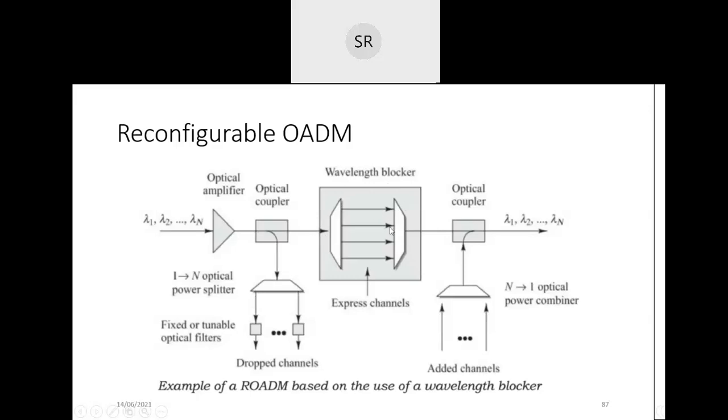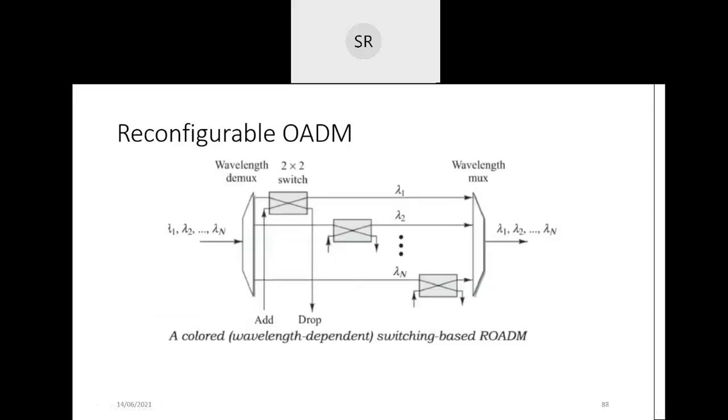Then this is a wavelength blocker. It sees which wavelengths are to be transmitted and blocks those that are not to be transmitted. Then an optical coupler, where we can add those channels through this network, and only that particular wavelength signal is transmitted. So that is about a wavelength configuring network.